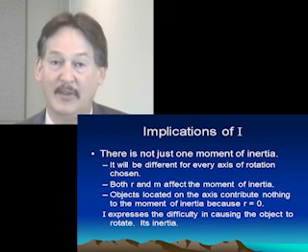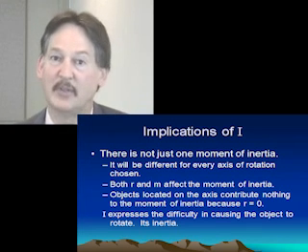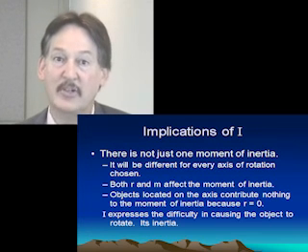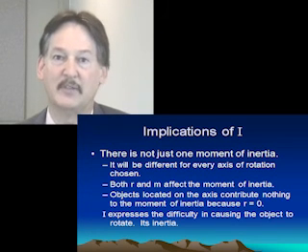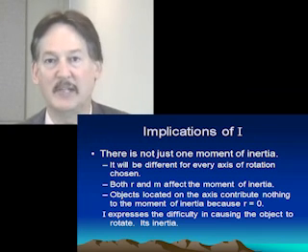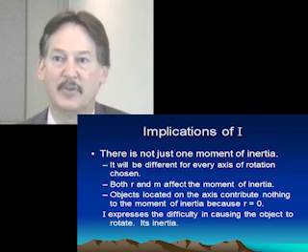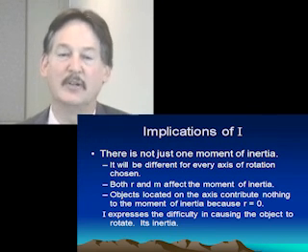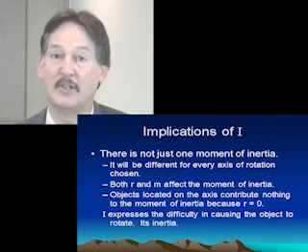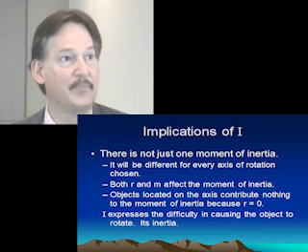M, the mass, is part of the moment of inertia because the mass is a measure of the resistance of an object to being linearly accelerated, and in this case, along with the distance from the axis of rotation, those two terms give us the measure of the object's resistance to being rotated. It takes into account its shape as well as its mass.